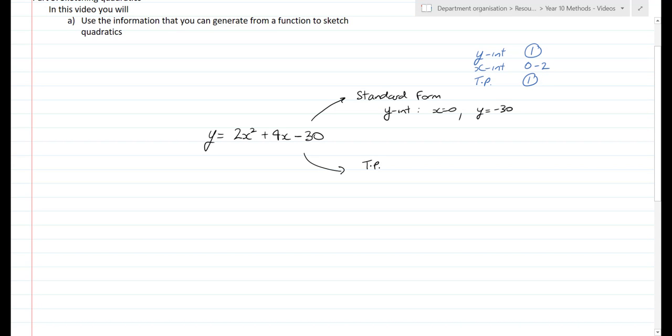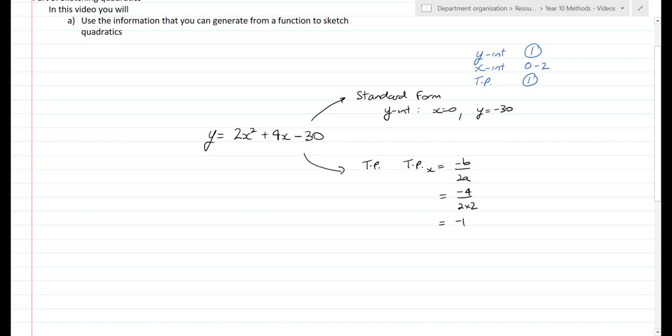Now remember from the last video, we can find a turning point using 3 different methods. And I'm going to use the one that I think is probably the simplest, and that is that the turning point x value is equal to negative b over 2a. If I had found my x-intercepts, maybe finding the symmetrical point between them would be simpler, but for now I'll use this. Negative b over 2a is negative 4 over 2 times 2, and so that's equal to negative 1.